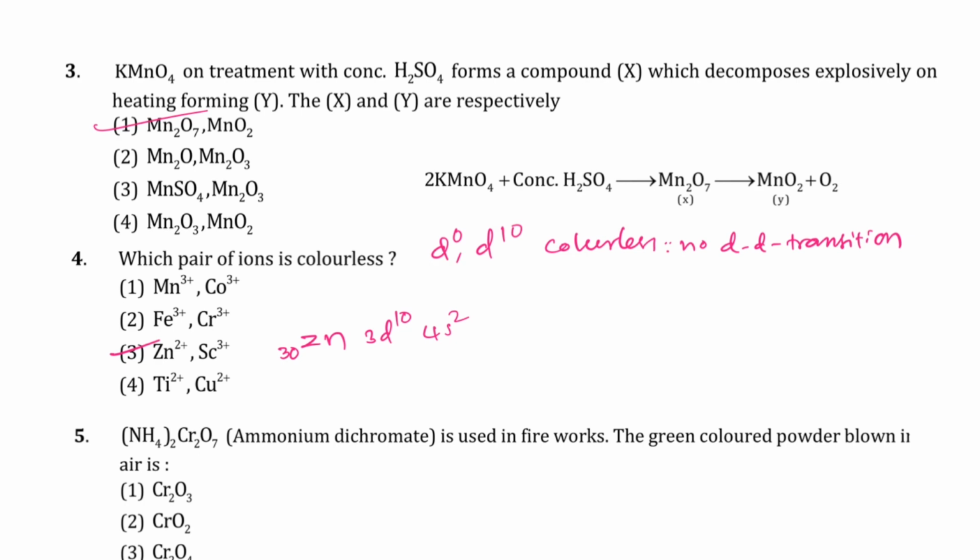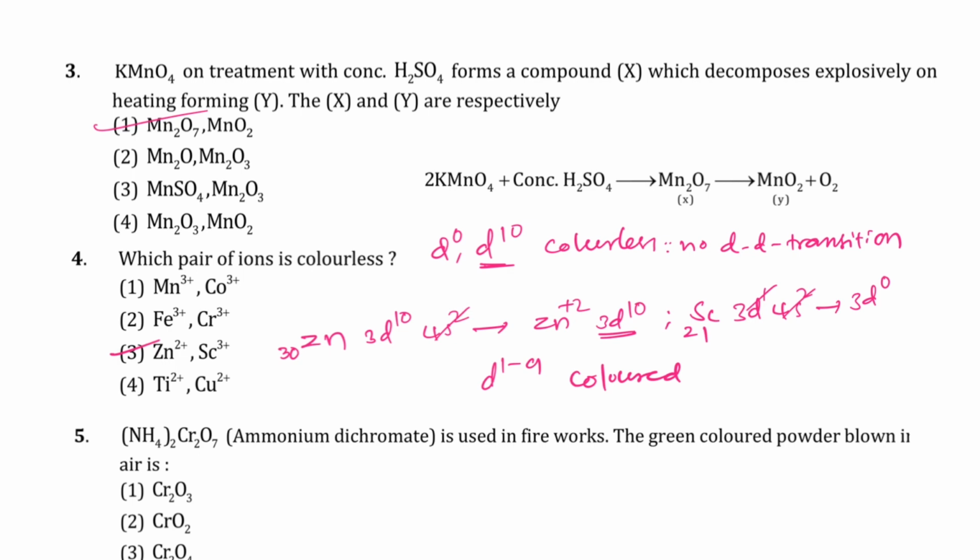If these two electrons are lost, we get Zn2+ with 3d10 configuration. Next, scandium has atomic number 21, 3d1 4s2; with 3 electrons lost, the 2 and the 1, it becomes 3d0. Therefore the third option is correct. You can check the remaining ones like this too. Those with d1 to d9 configurations are colored compounds.